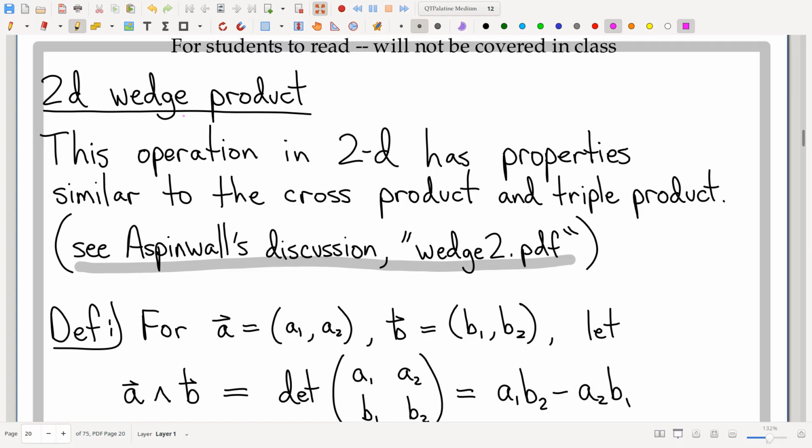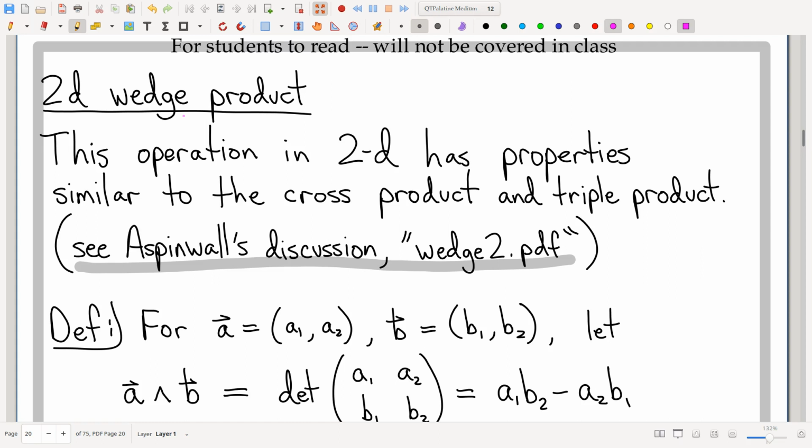I'm sorry, I don't remember the details. But there is a generalization to higher dimensions. A little harder to talk about. But the regular old binary operation, two vectors in, one vector out, called cross product, is only in three dimensions.